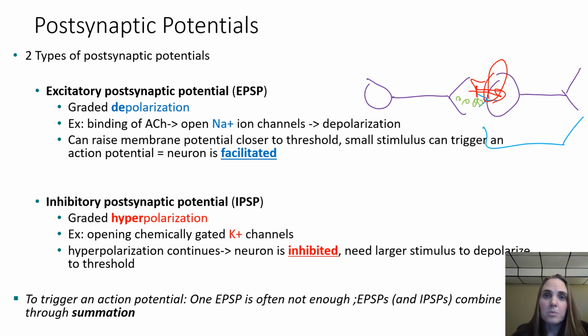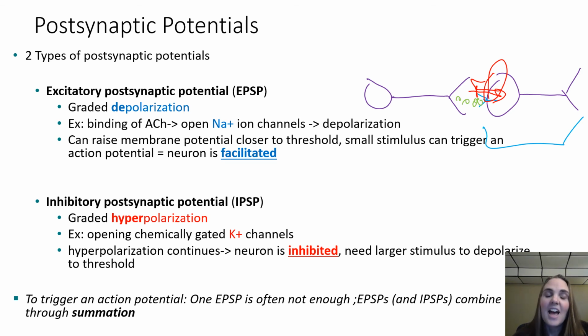When those potassium channels open, potassium exits the cell. That positive potassium exiting causes a hyperpolarization, a more negative potential. So we're moving away from our goal of generating an action potential, which is why it's called an inhibitory postsynaptic potential.